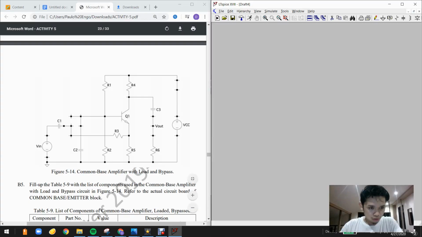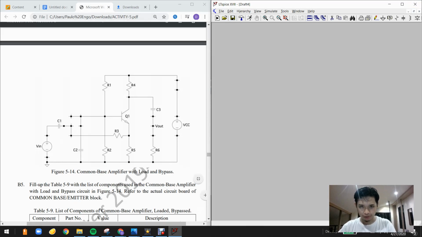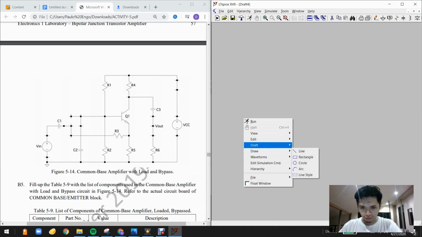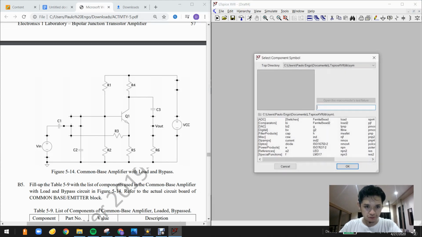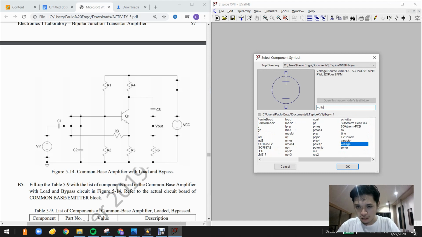For the final circuit that we're gonna do, it's gonna be called the common base amplifier with bias and bypass. It's pretty similar to the first two that we did, but there's a couple differences that set it apart from the rest.